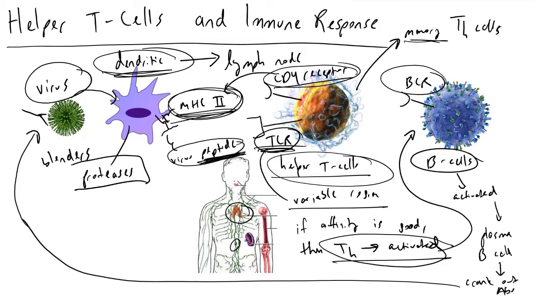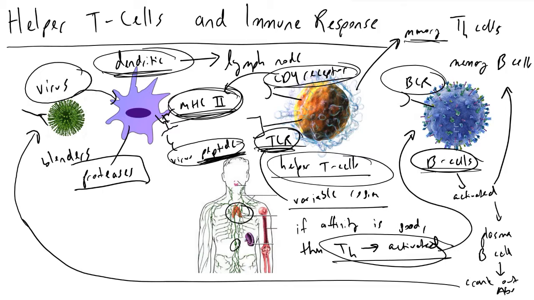This is part of how our vaccines work, especially with B cells. The other thing with these activated B cells is that they will also form memory B cells in addition to the plasma B cells.